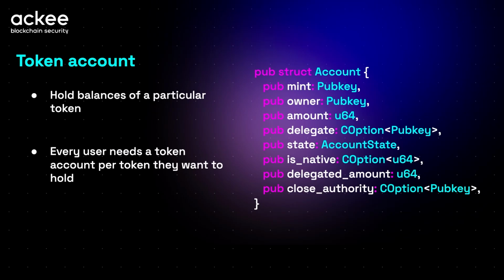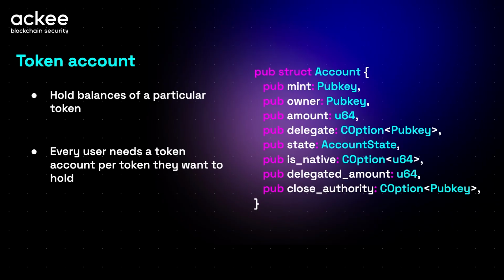Then there is a state field which tracks whether the account is initialized, uninitialized, or frozen. The isNative field is pretty interesting because it tracks whether the account holds wrapped SOL. So sometimes we want to wrap SOL into a token because it allows for easier integration with protocols that expect token accounts.